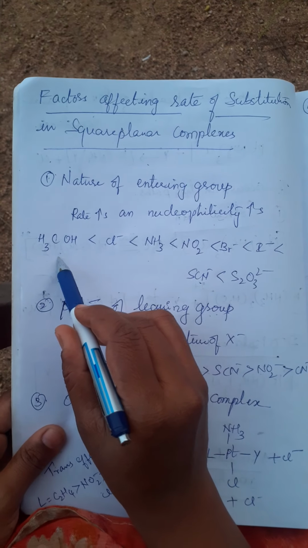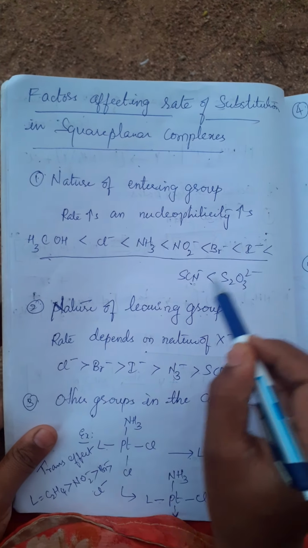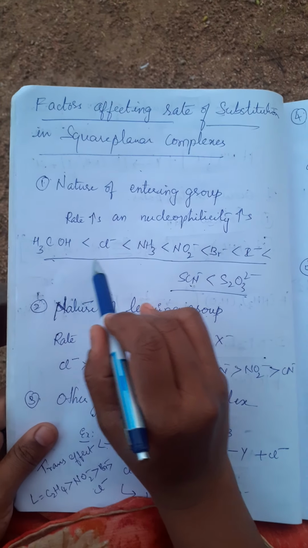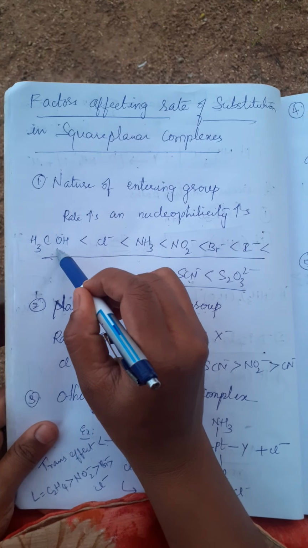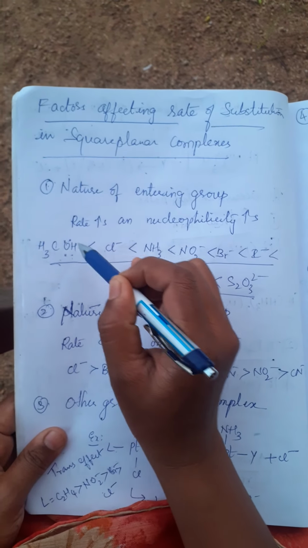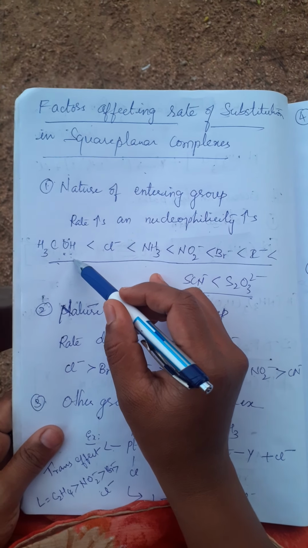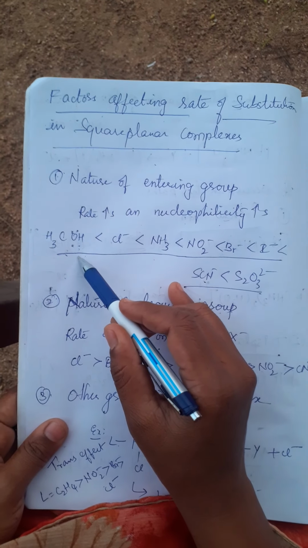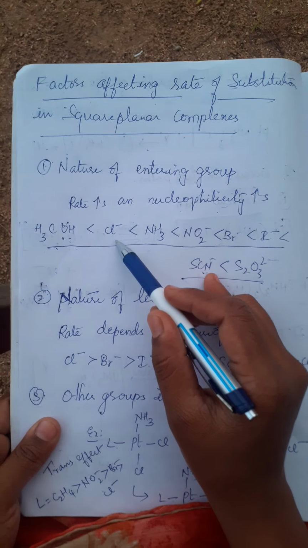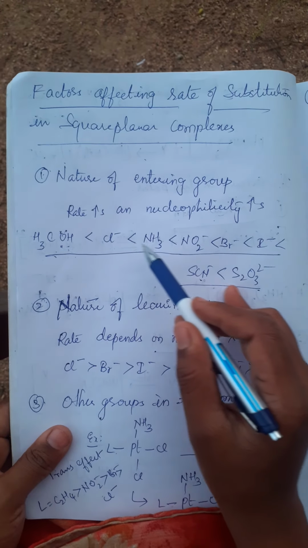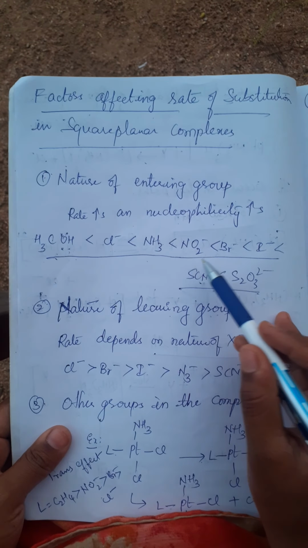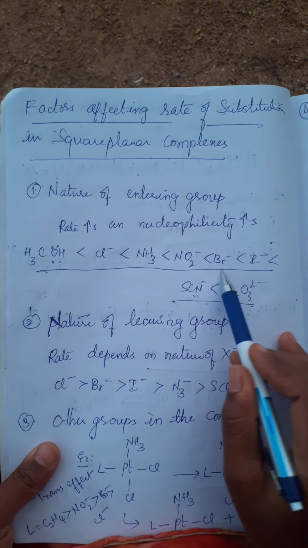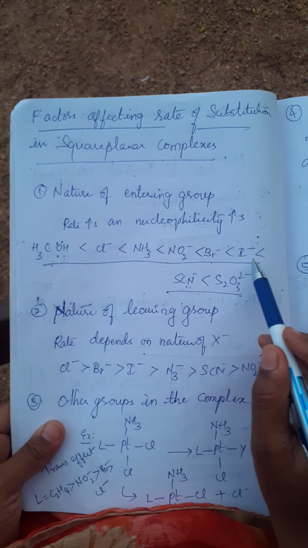If you see the nucleophilicity order, methanol acts as a ligand because oxygen can bond with the central metal, and it has very low nucleophilicity, and then chloride, then ammonia, then nitrite, then bromide and iodide.